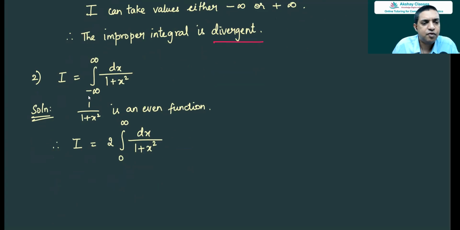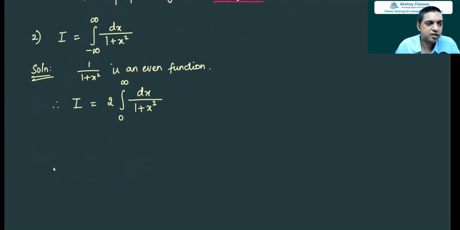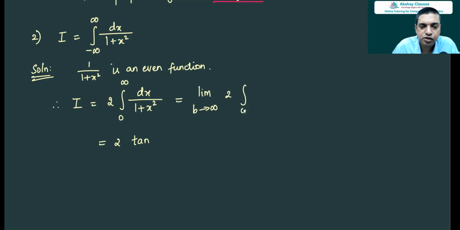Otherwise, we could have split into two integrals, from minus infinity to 0 and 0 to infinity. This is an easy one. We know that the integral of 1 upon 1 plus x square is tan inverse x. Of course, first I have to write limit b tending to infinity, 2 into the integral from 0 to b of dx upon 1 plus x square.